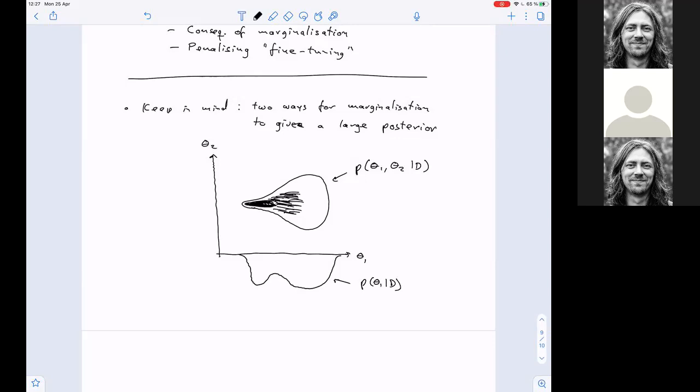And the point is just that, okay, if all you knew was that 1D marginal, you see it has 2 peaks, and you don't intrinsically know whether it comes from the right-hand case where you're just integrating a low posterior over a large volume, or the left-hand case where you're integrating a high posterior over a small volume. So this is one of the things that we need to keep in mind when interpreting marginalized posteriors.